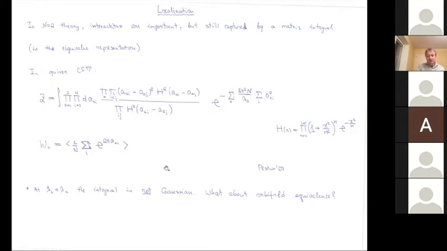And so at the orbifold point, we expect to find something Gaussian, but the matrix integral itself is still interacting. So how come that it is equivalent to a Gaussian theory?